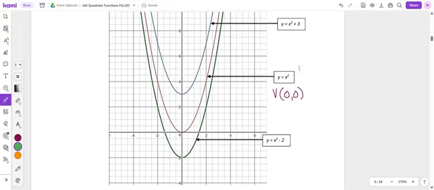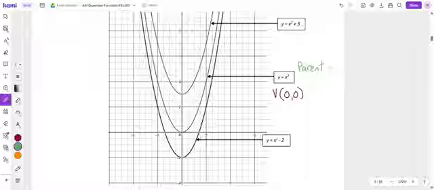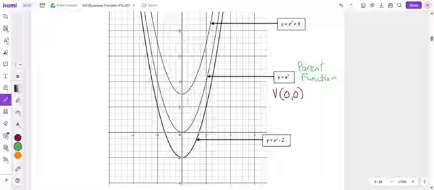You don't need to know it in grade 10, but you will thank me next year when your teacher starts throwing out the word parent function. You'll be like, okay, yes. So the parent function is the equation without any transformations.